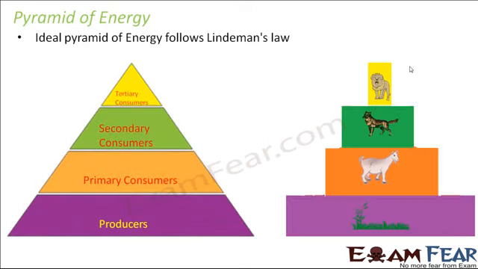So again the same example. So following Lindemann's law, if there is 10,000 joules of energy at the producer level, then only 10% of it should go to the primary consumer level, and 10% of it is going to be 1000 joules. Again 10% of this should go to the third trophic level, and that will be 100 joules.